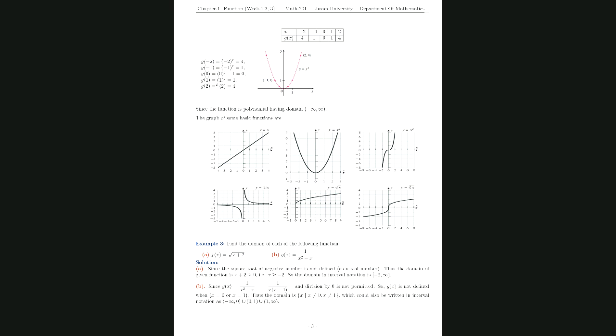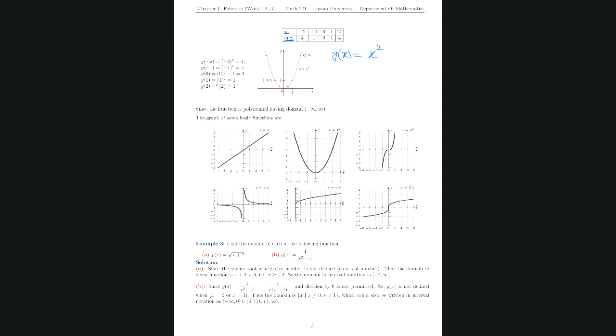So this function here given, function g(x) equal to x square. Okay, so first you have to choose input, that is x. Okay, and output, that is g(x), output g(x), that is y.